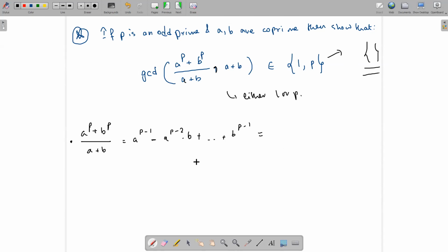Can we pair it up in powers of a and b? Will that help? Suppose you can take out a factor of a plus b from here, and you have to add or subtract some terms, so you get something like this. If you know that this is a smaller term, then you have much more options, right? What is the closest thing that you can get while multiplying with this?